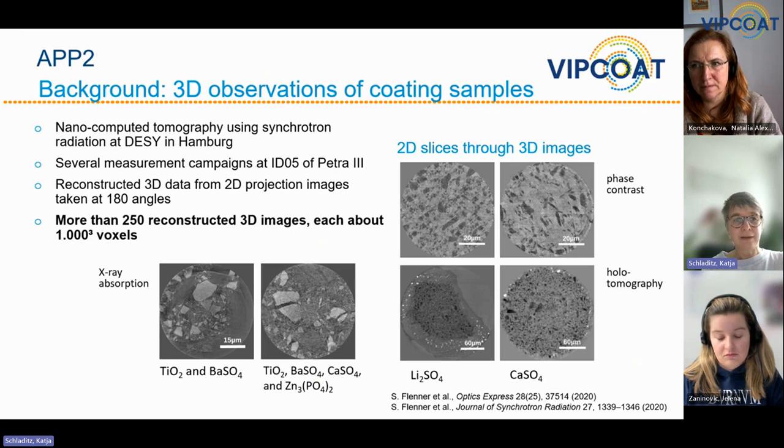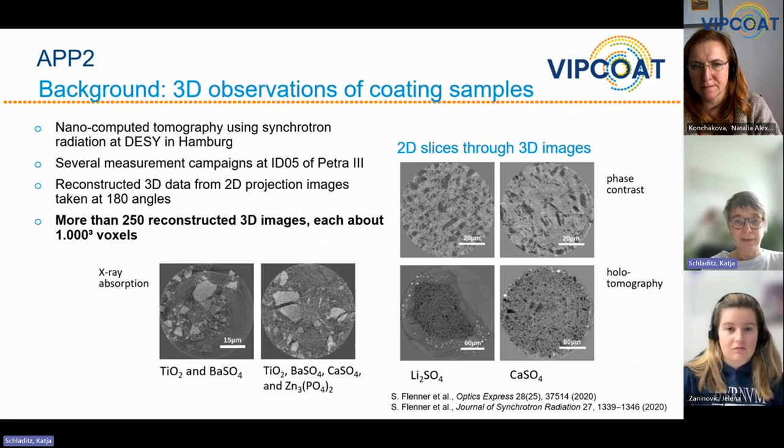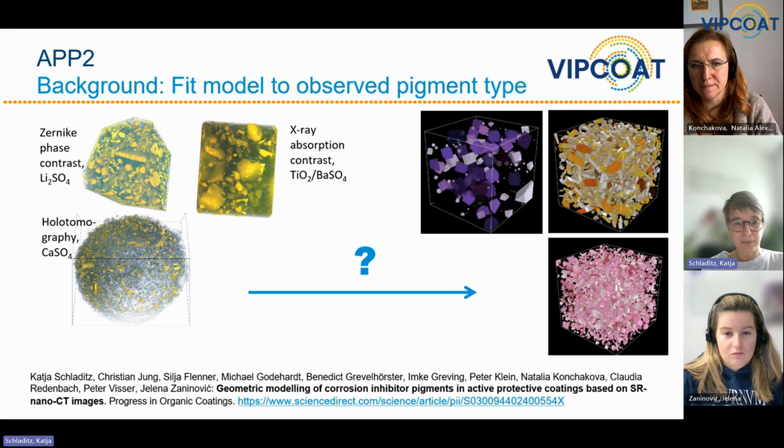So there's a lot of imaging, experiment, and image analysis behind what we actually do now in App2. So we have measured at the German Synchrotron in Hamburg at DESY and gained micro and nano CT images at several contrast modes.